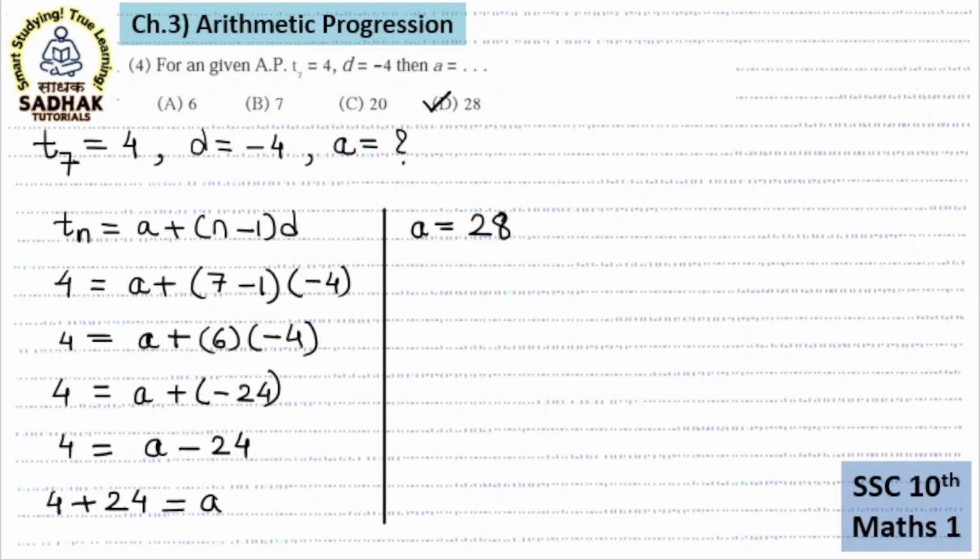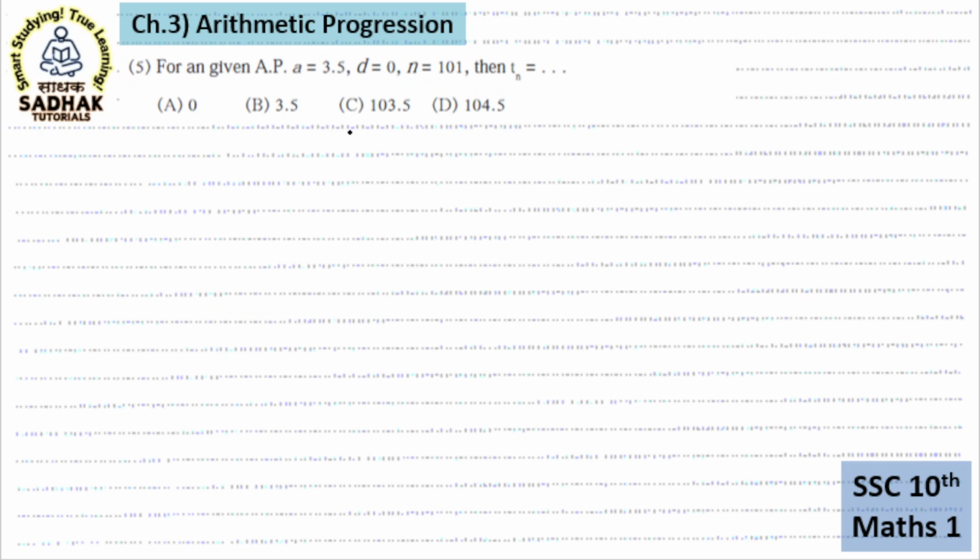Okay, so let us go to the next question. Question number 5. For a given AP, A is equal to 3.5, D is equal to 0, N is equal to 101. We have to find out the Tn, that is we have to find out the 101st term. So fairly simple.